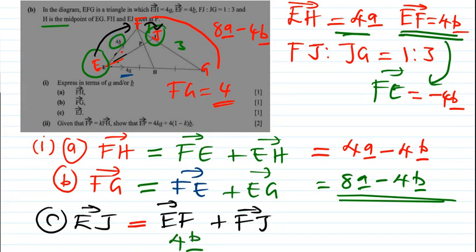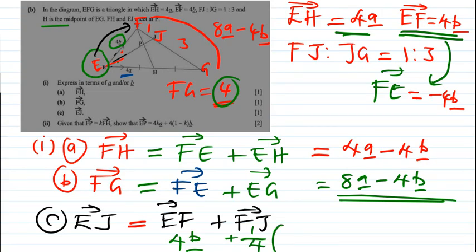Now F to J, the ratio is 1 to 3, so FJ is just 1 out of the total 4.